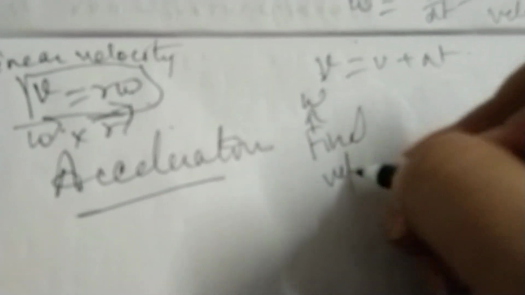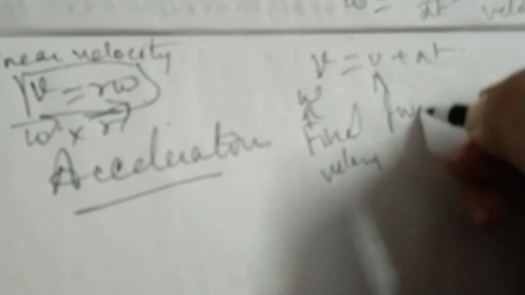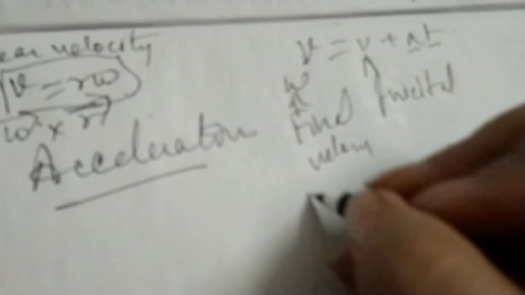Here v is the final velocity, so we will write omega as the final velocity, and u is the initial velocity, so omega naught is the initial angular velocity, and a is acceleration in t time. So omega equals omega naught plus alpha t, where alpha is the angular acceleration.